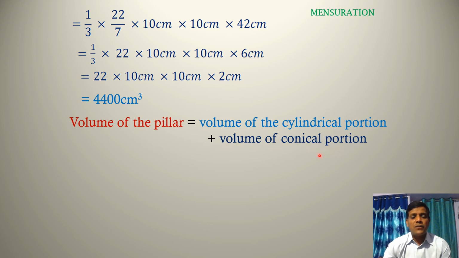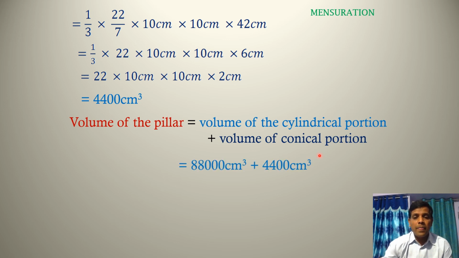So what is the volume of cylinder? 88,000 centimeter cube, plus volume of cone 4,400 centimeter cube. So add these two, we get 92,400 centimeter cube. This is the volume of the pillar.